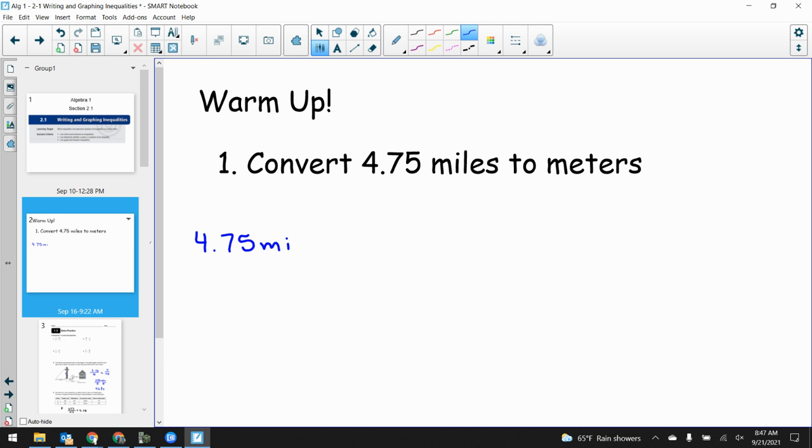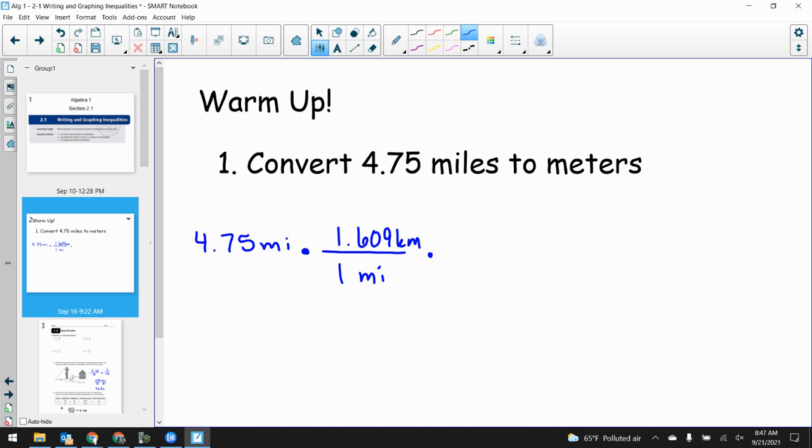No. But there is miles to kilometers, isn't there? There is miles to kilometers. I have 1 mile is 1.609 kilometers. Now, remember, where does the miles go in my conversion? Top or bottom? Bottom. It's got to cancel out. 1 mile is 1.609 kilometers.